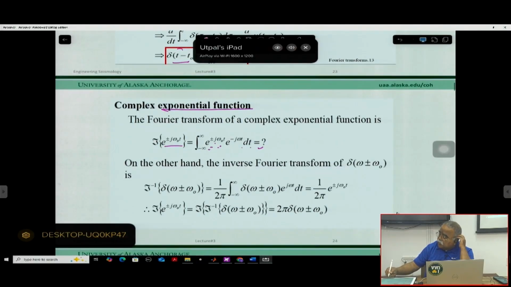It will be equal to 2π δ(ω + ω0). So the Fourier transform of an exponential function will be a shifted delta function in the frequency domain, right?